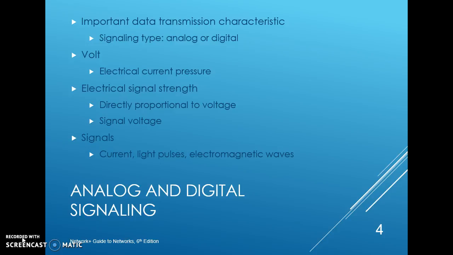If it's going across our copper, it's going to be a volt, which is measured in electrical pressure, like your amperage. Either way, we're going to be sending a signal out on our networks, whether it's pulses of light, a radio or electromagnetic wave, or an electrical pulse. These are called our signals.